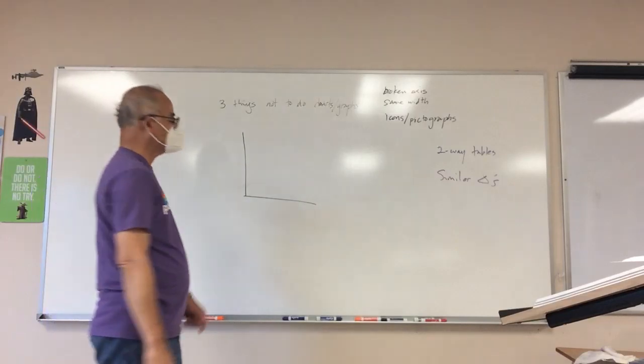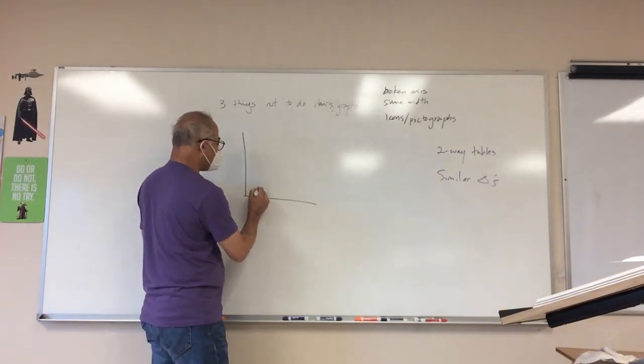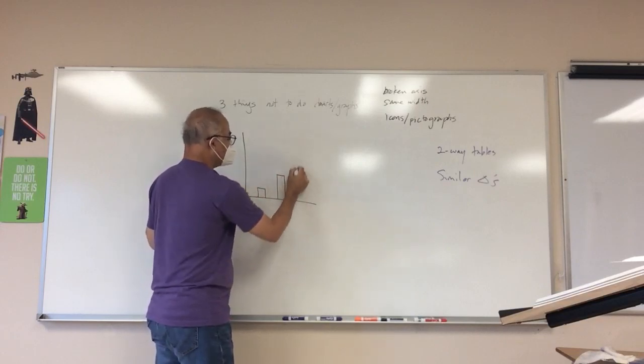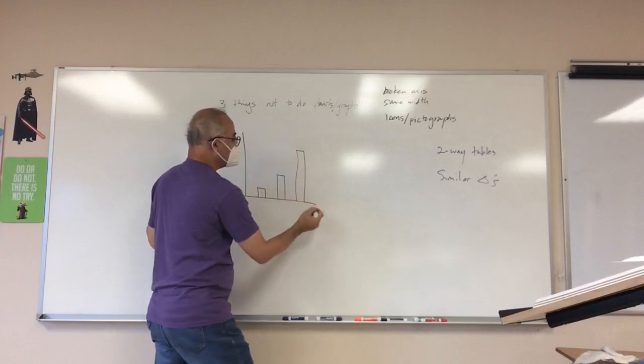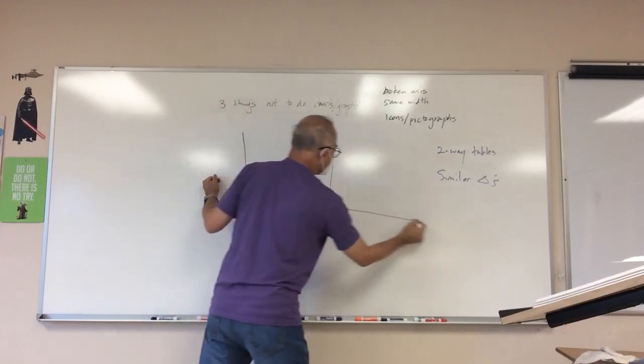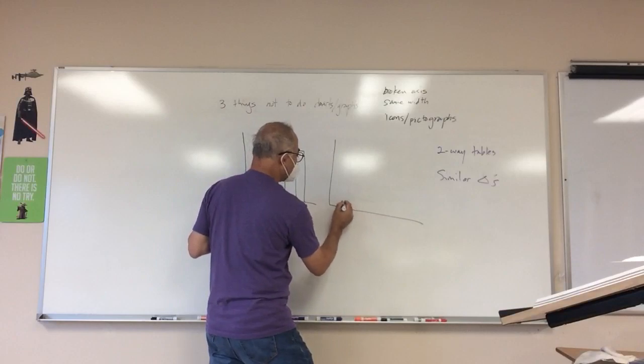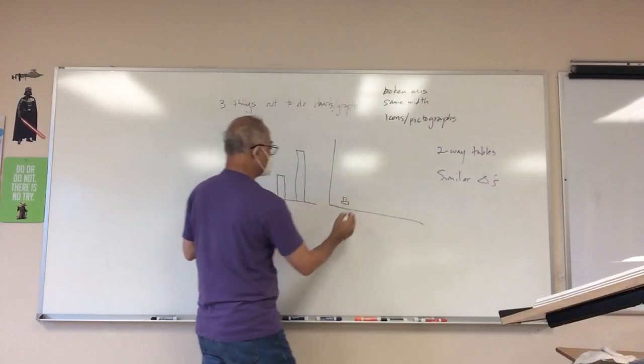And instead of drawing a bar graph that looks like this, I'm going to do a pictograph. And for each one, I'm going to have a little picture of a CPU.